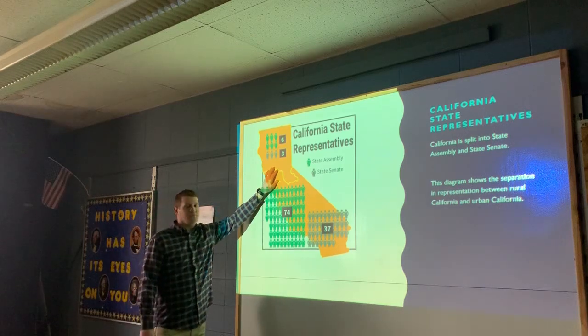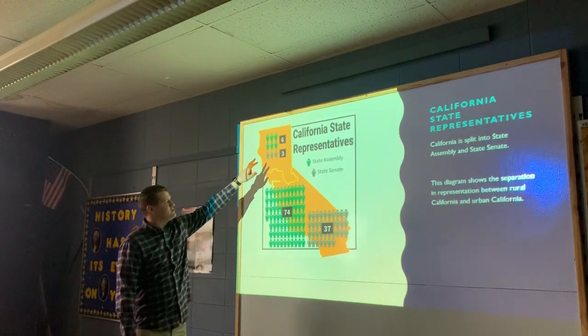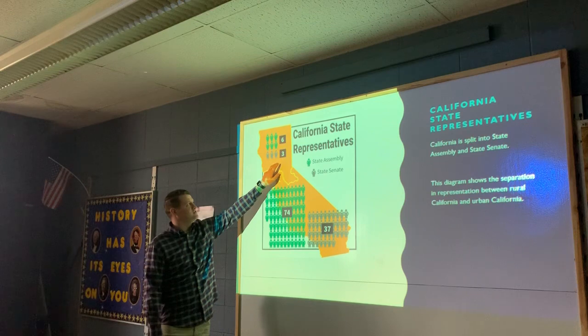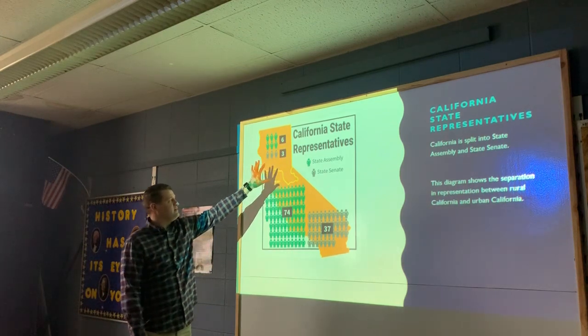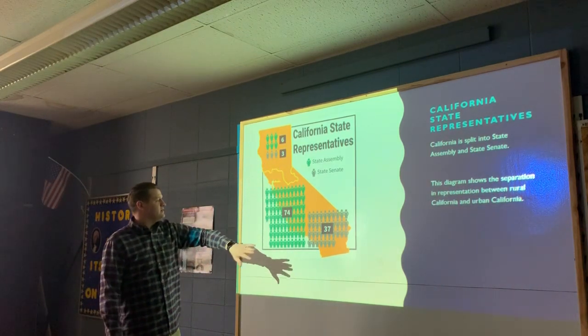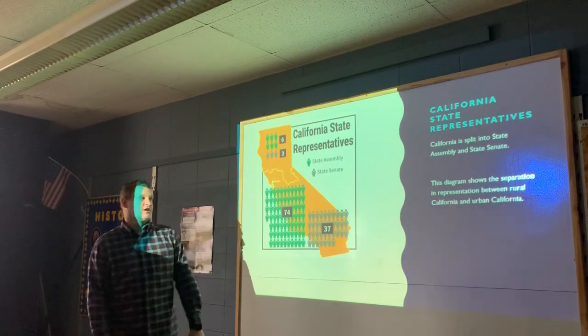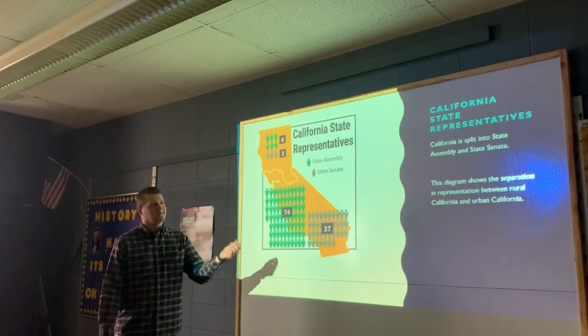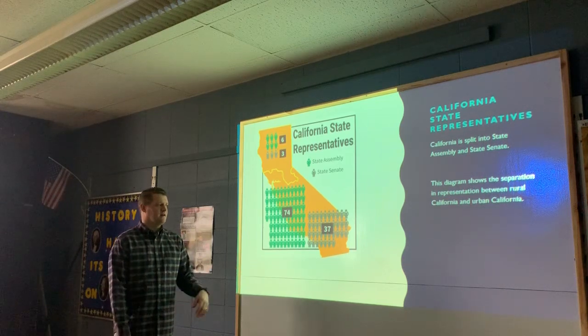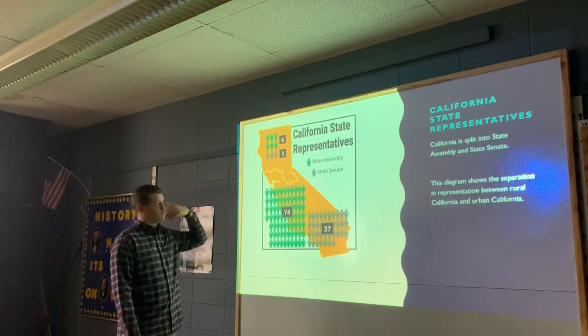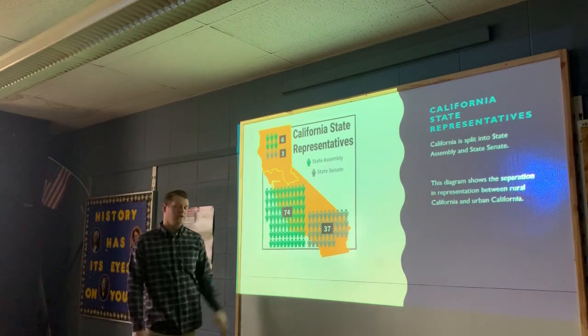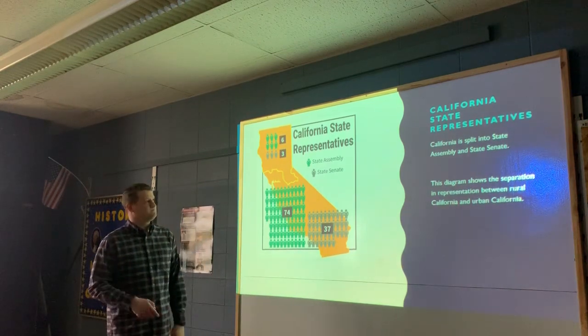Northern California, which is much more rural, they have 6 members in the state assembly and only 3 members in the state senate. So it's very disparate in the amount of representation, whether you live in Northern California or Southern California. So California is split into the state assembly and state senate, and this diagram just shows the difference between rural California and urban California and the way that they are represented.